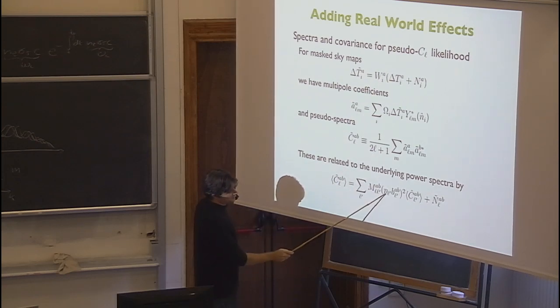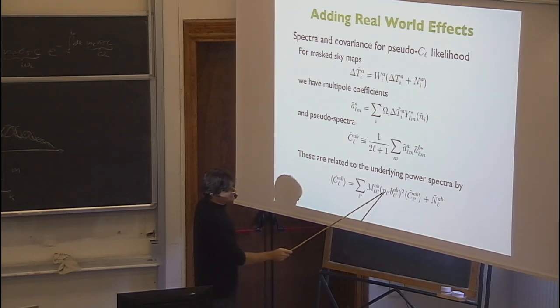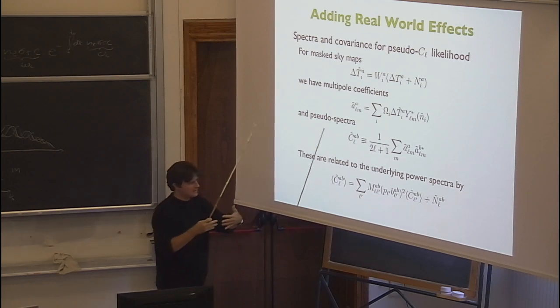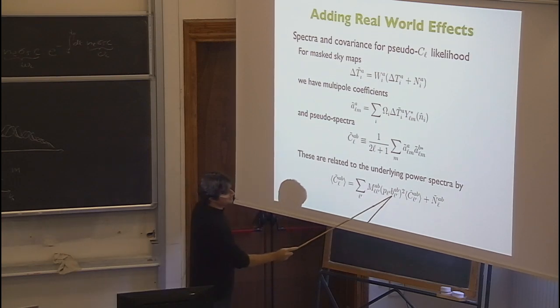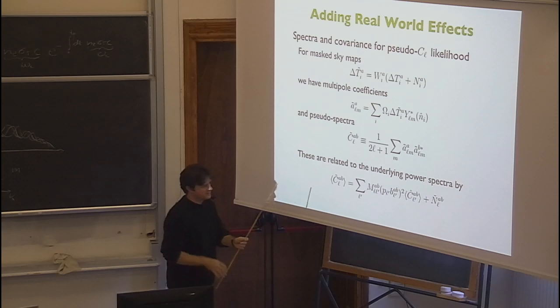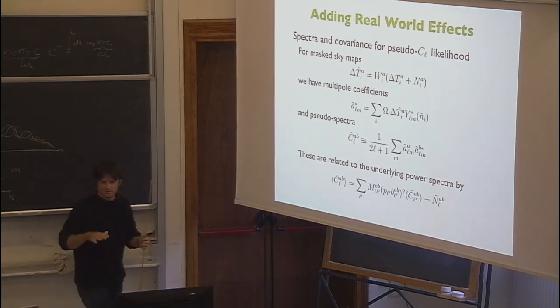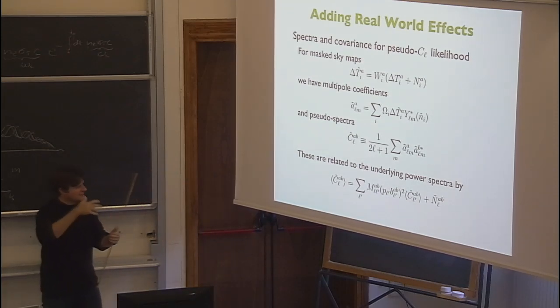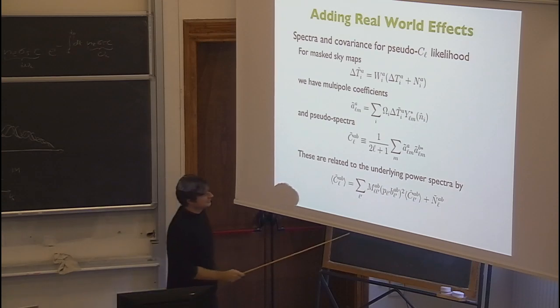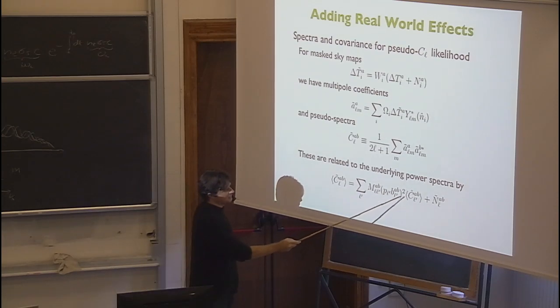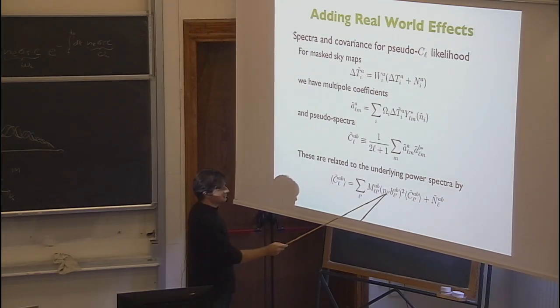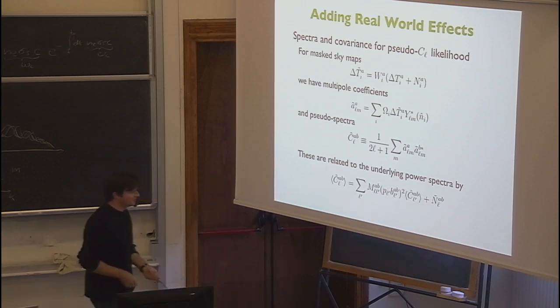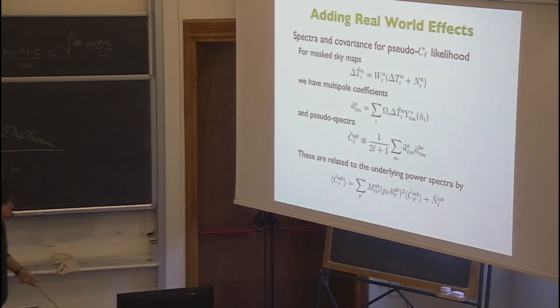Then there's a pixel window function that comes because you're pixelating the map. And then there's the beam window function that has to do with the fact that the instrument has finite resolution. So the finite resolution is just a convolution of the data, which gives you a multiplicative effect in L space, and the same is true for the pixel window function. So this is what the relation looks like.